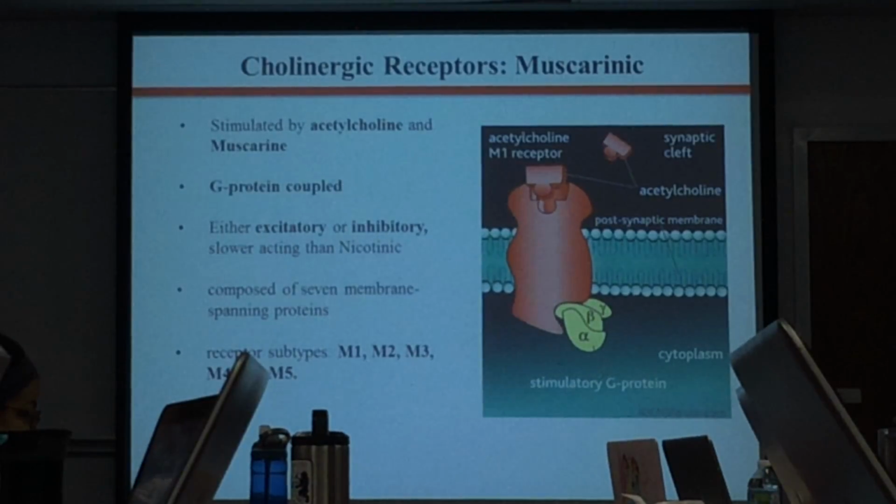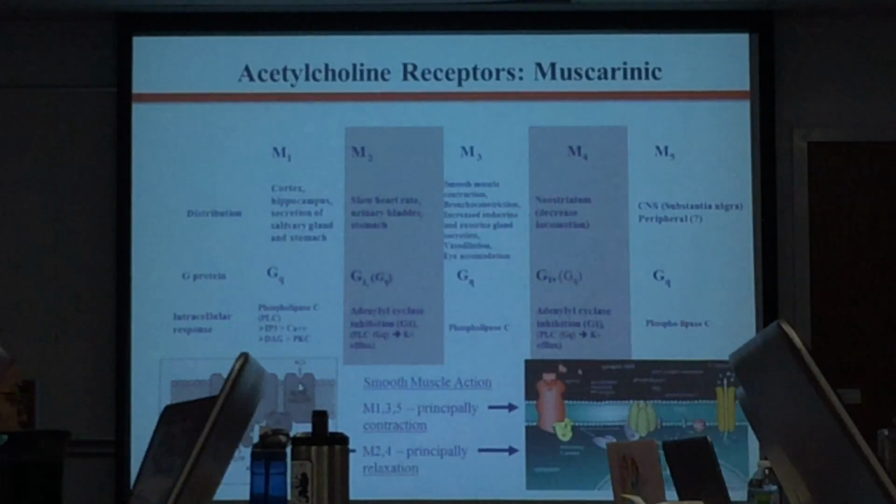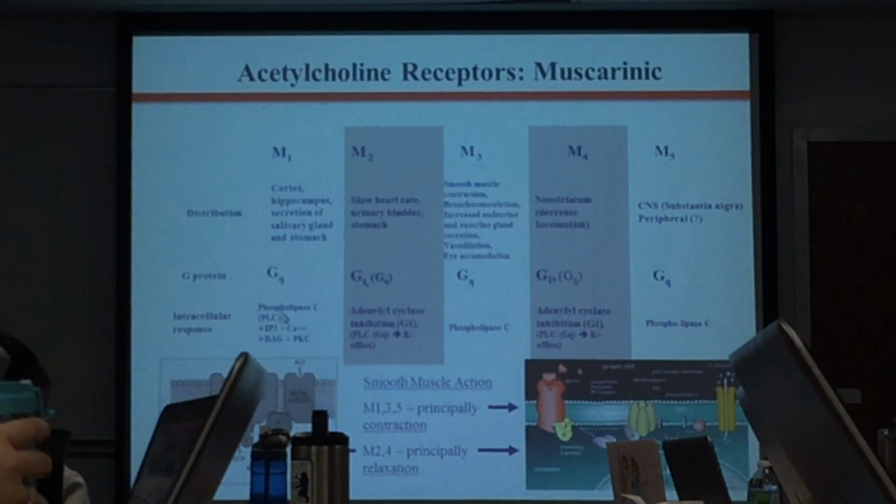All GPCRs have seven transmembrane domains spanning the plasma membrane. The muscarinic receptor types are M1, 2, 3, 4, 5, and they couple to different G proteins. M1, M3, M5 couple to Gq, which are excitatory.